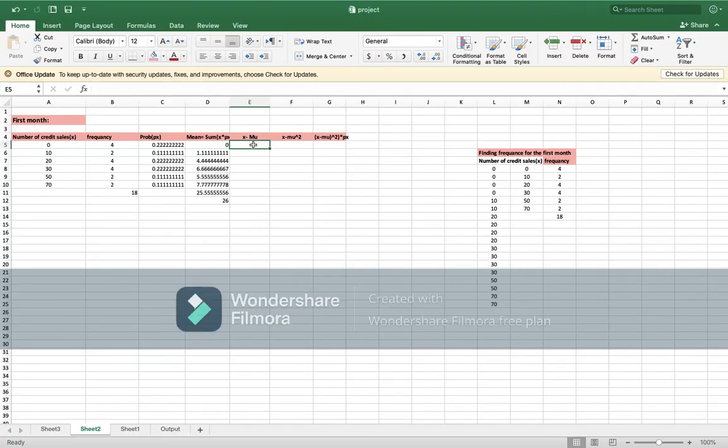Okay, now x minus mu. Again we will use the mu for all the numbers.